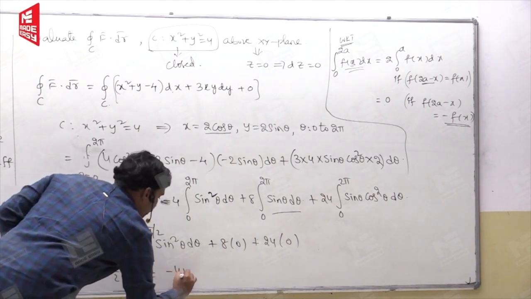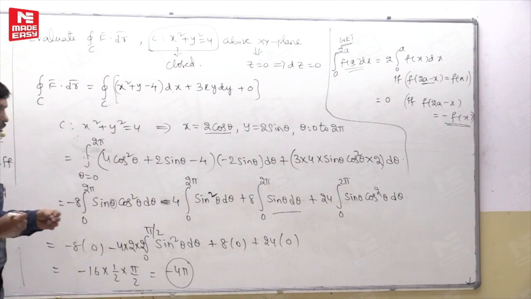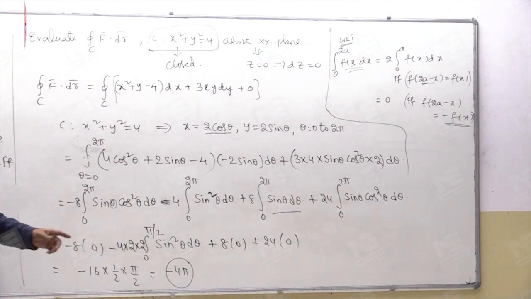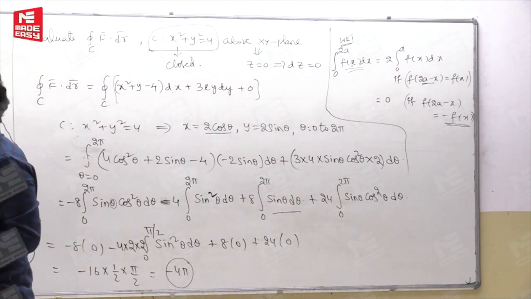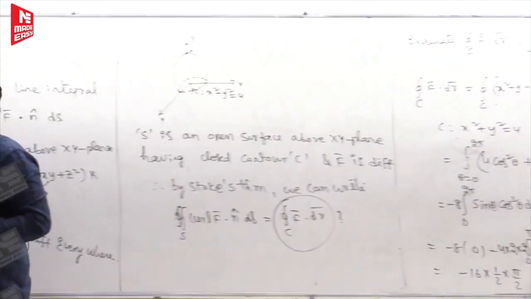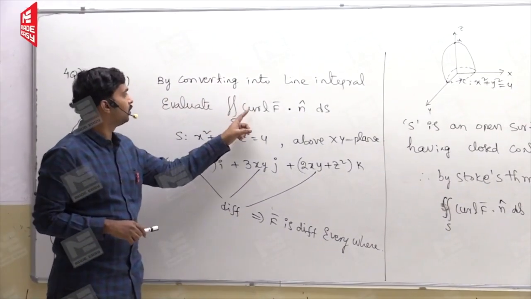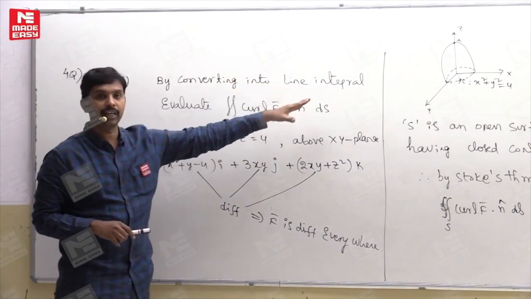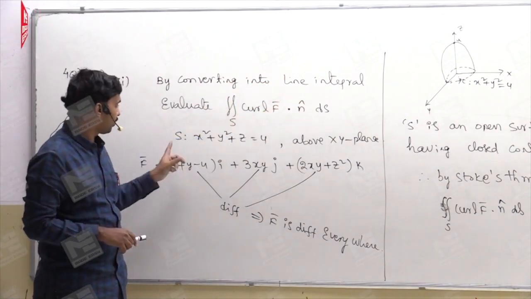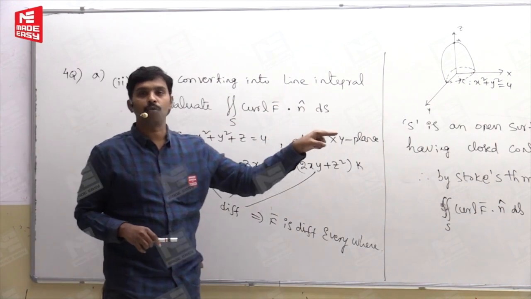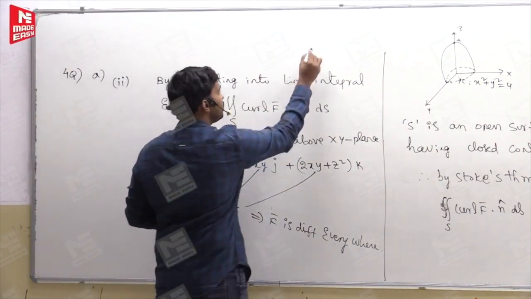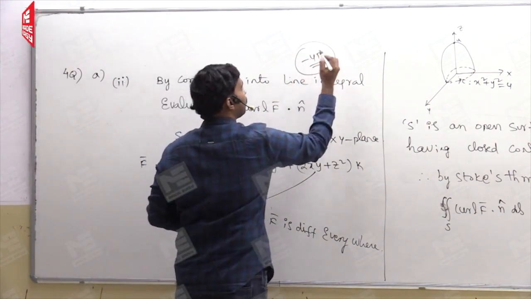So this is going to be minus 4 pi. So the value of this surface integral, by converting into line integral, for the given surface is minus 4 pi. So the answer for this question is minus 4 pi.